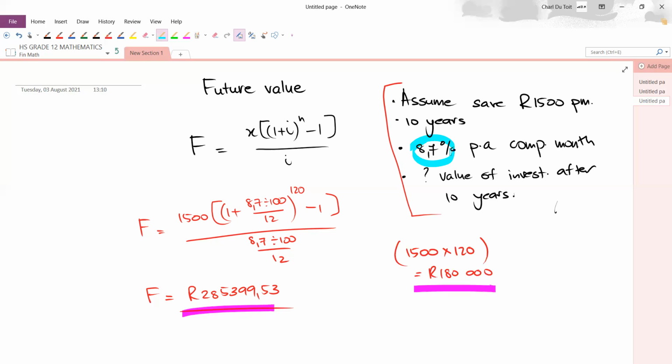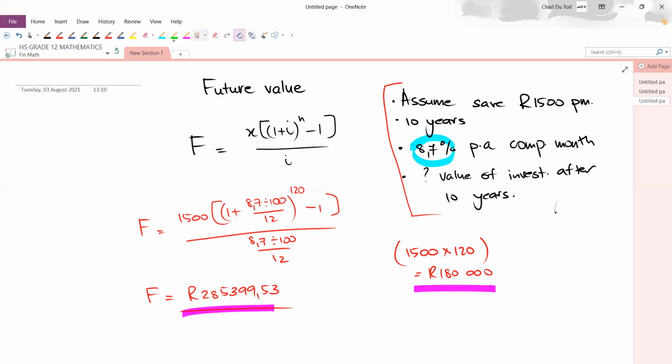So if the inflation is higher, then you're actually losing. So if a car costs 180,000 Rand today, then you won't be able to buy that car in 10 years from now with 285,000. But the inflation rate varies, and in South Africa, it's quite high actually.